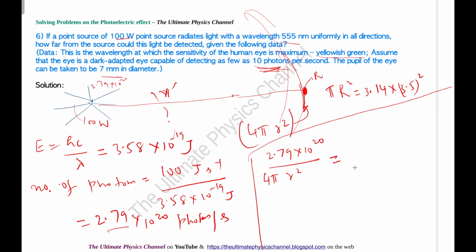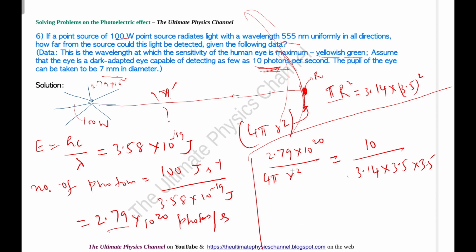On the right hand side, only 10 photons are received by the eye over an area of this capital pi R square, that is 3.14 times 3.5 times 3.5. We need to calculate r.